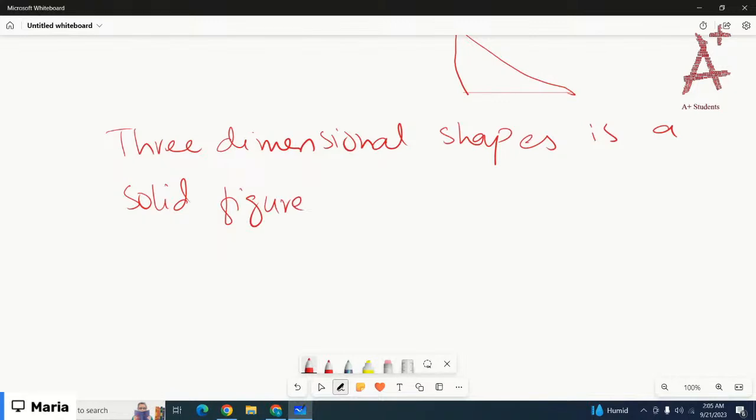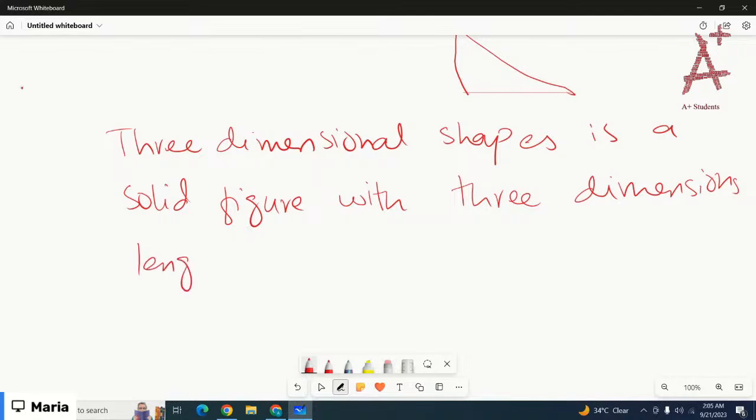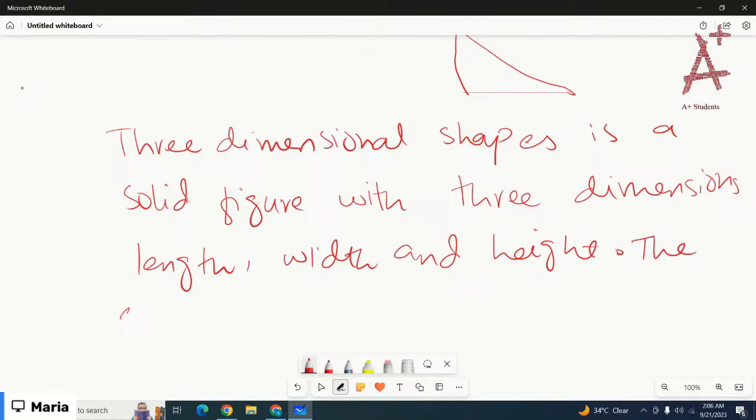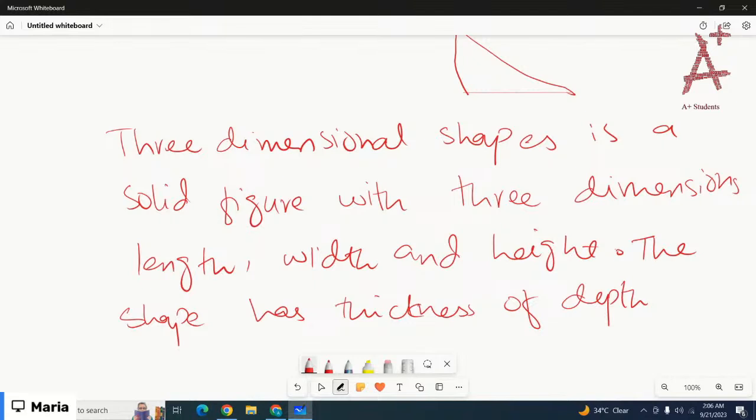It has three dimensions: length, width, and height. So the shape has thickness or depth, right?